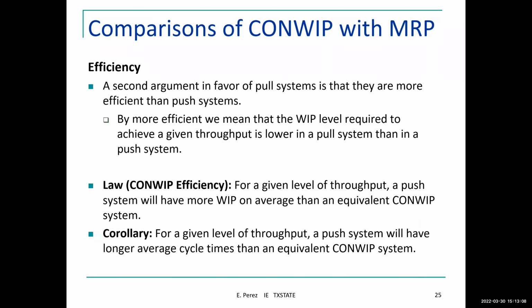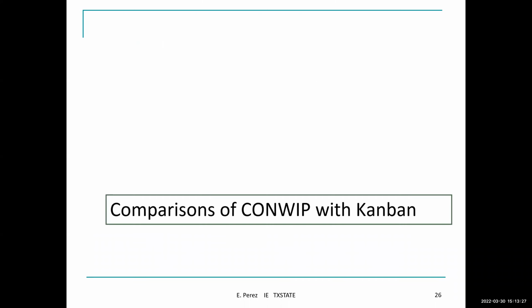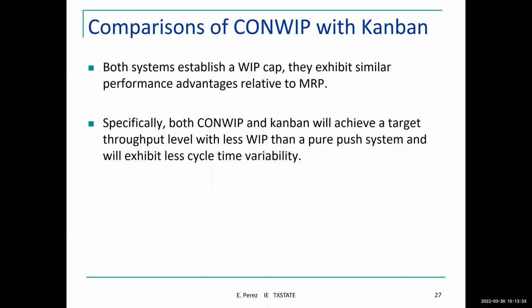So in terms of CONWIP versus push systems, given a level of throughput, the CONWIP system will be more efficient in terms of producing lower cycle times. Now, if we compare CONWIP versus pull systems, both systems establish a WIP cap.